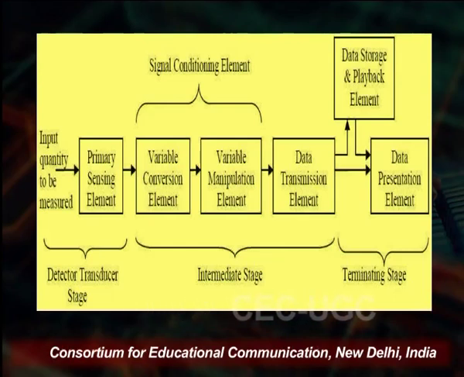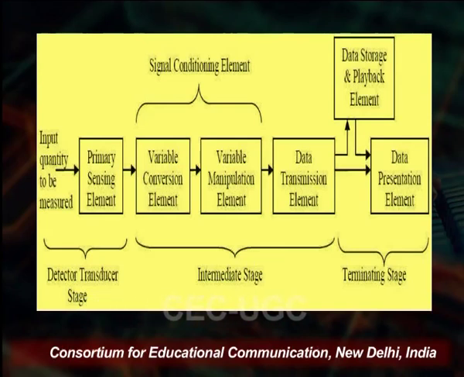Next is the variable conversion element, which comes under the signal conditioning element. Then the variable manipulation element. After that this goes into the intermediate stage. First is the detector stage, second is the intermediate stage, and third is the terminating stage.